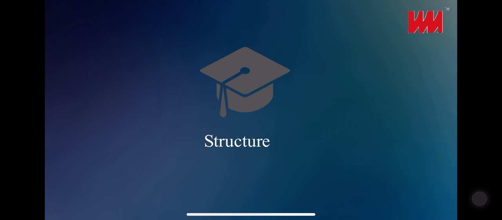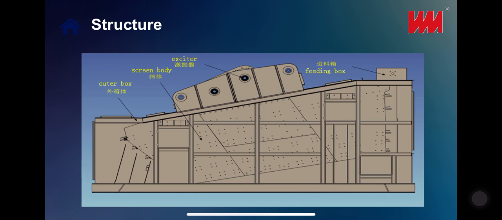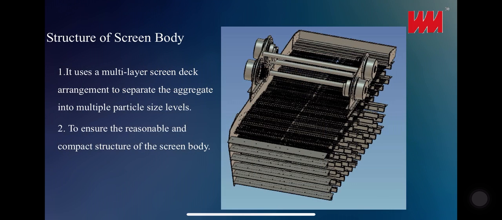Next, about the structure. This is what the machine looks like. The structure of the machine has outer box, screen body, exciter, fitting box, motor, and connections, etc. About the screen body, it uses a multi-layer screen deck arrangement.